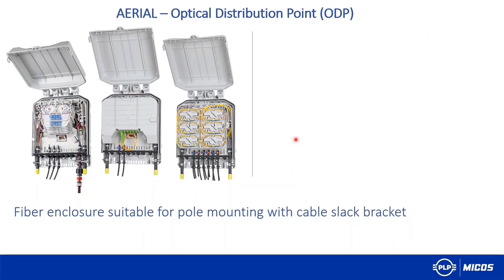For example, it's very popular in Poland. And I'm talking now about the poles. Later on, I will talk about the facade, where they mount the cable directly on the wall of the houses. So if I talk about aerial distribution points, you have three options for how to connect the house from the access point. You can do it with a cable, but you can do it aerial.